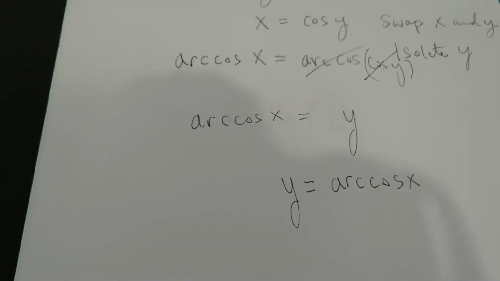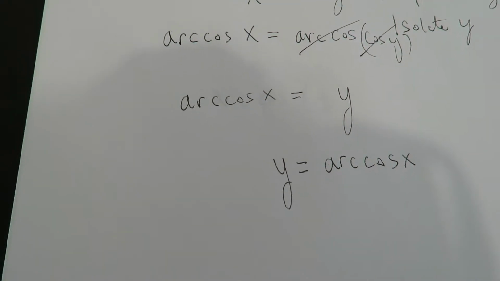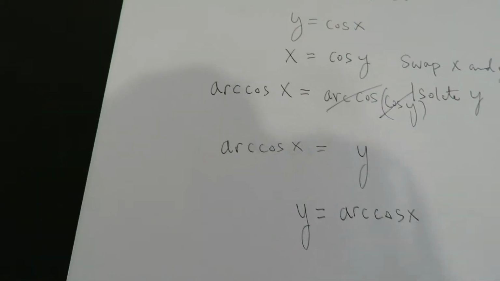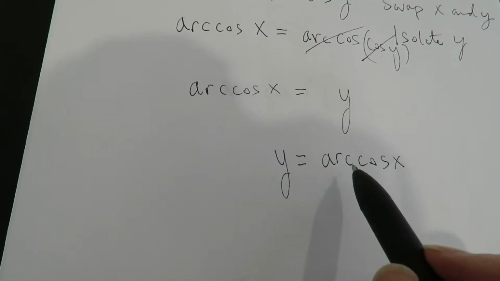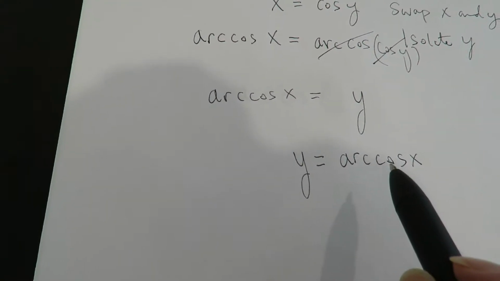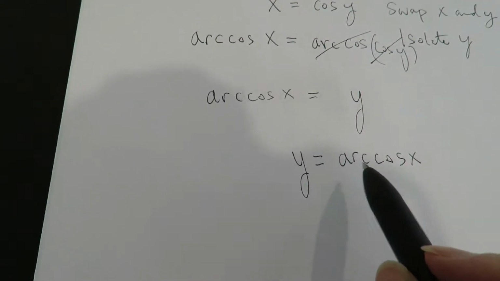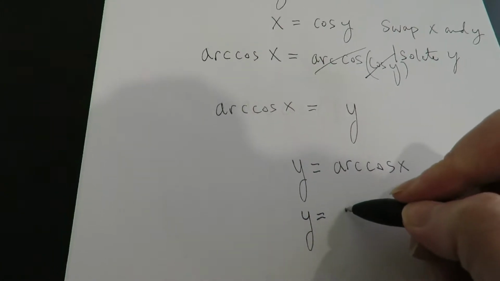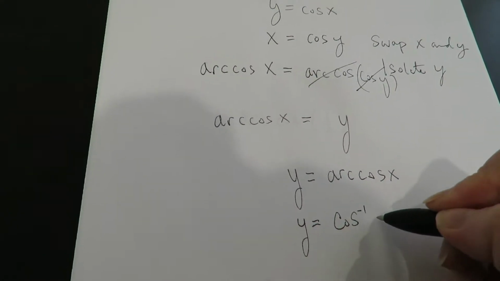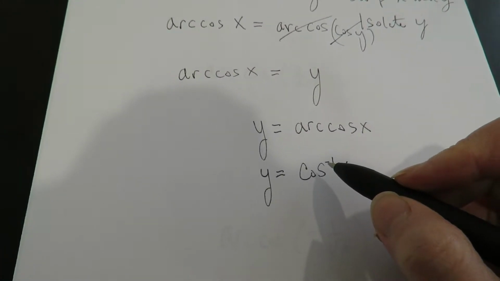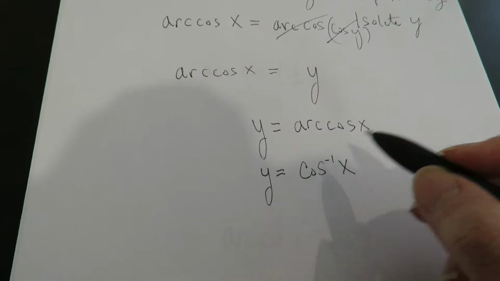I don't think I mentioned this in the other video, so I want to stress it now. This word is quite long, and a calculator can't hold such a big word. So there's also a shorthand way to say this, and the shorthand is quite terrible because it looks like a reciprocal, but it's actually not.